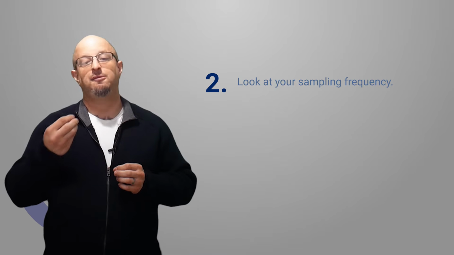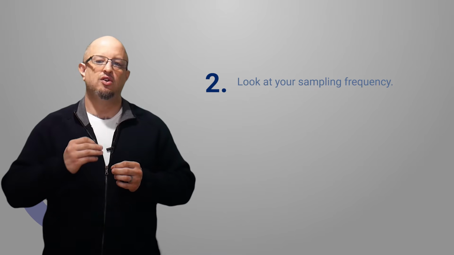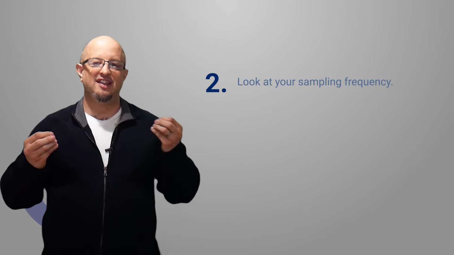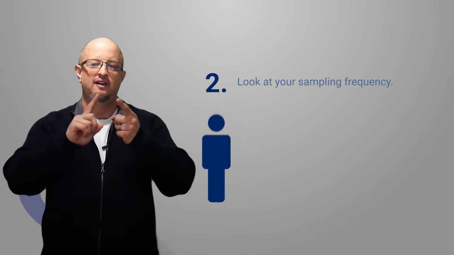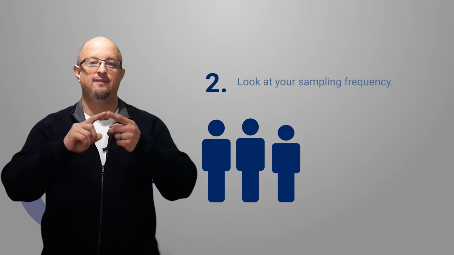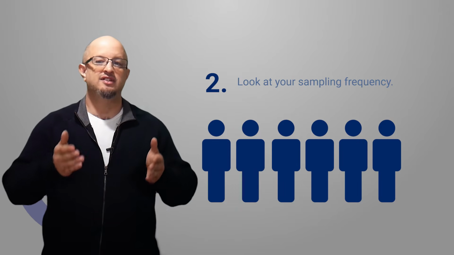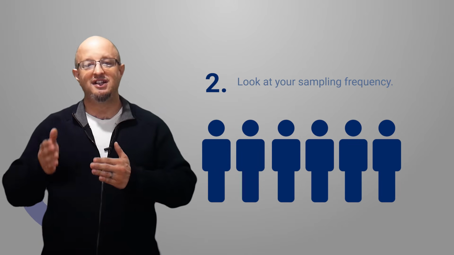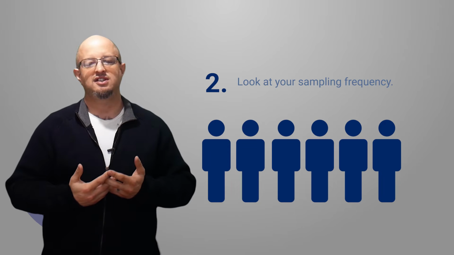Or maybe it's an operator dependent type of process, and I look at your sampling plan and you're checking at the beginning of the day and at the end of the day, and meanwhile there have been 6 operators between first shift, second shift, third shift, and break coverage that have touched that part. So the reality is that your sampling plan may not be robust enough and the frequencies may not actually represent all of the risk that you're seeing.